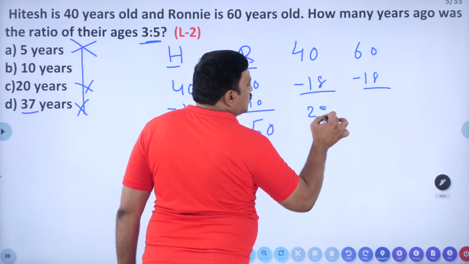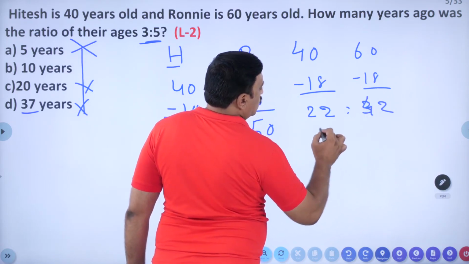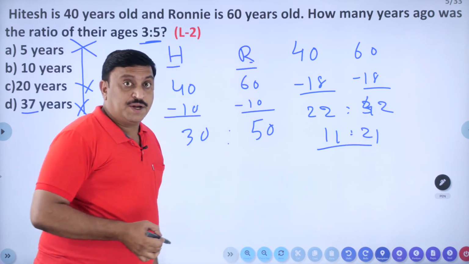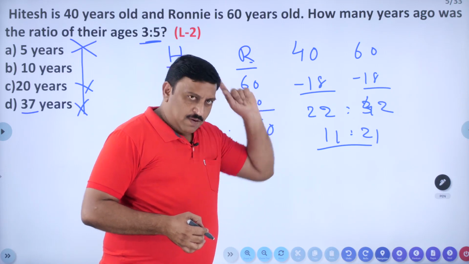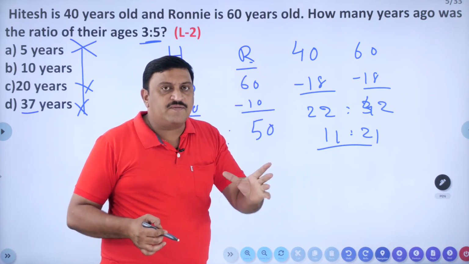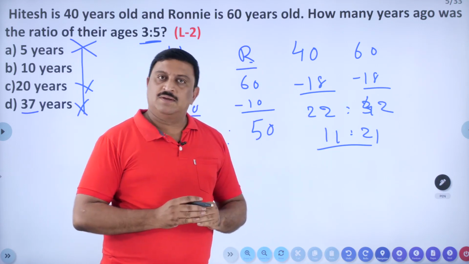But if here it is 22, it is 42, so it becomes 11:21. See how critical ratios are. If you get the process like this, definitely our method will be perfectly suited to this. Right?